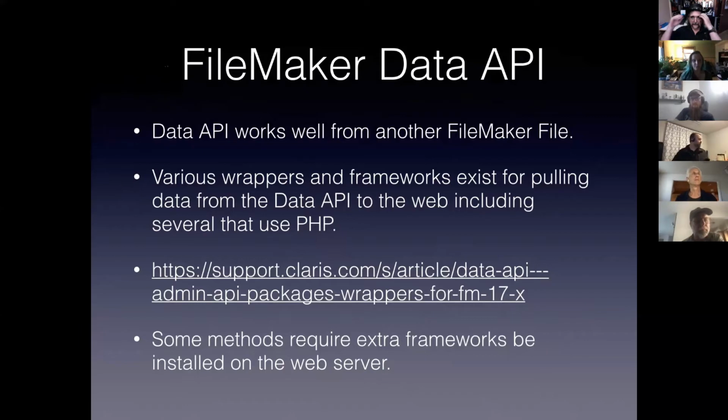Anyway, so we get down to brass tacks, the FileMaker Data API, and not everybody's used it, but many people have. I've used it a lot from FileMaker files, standalone iPad files that yank data from the server, and it works pretty well for that.